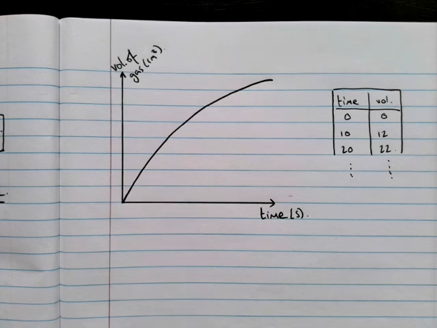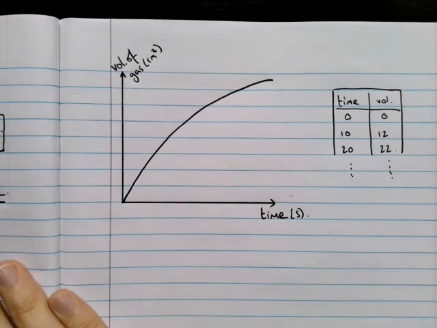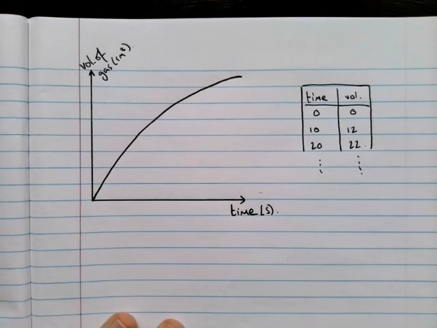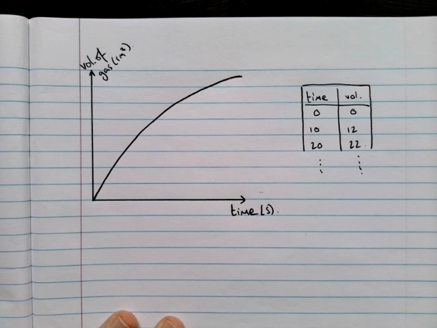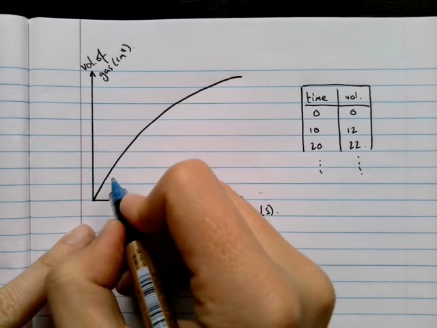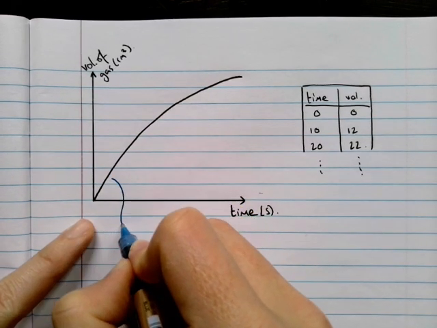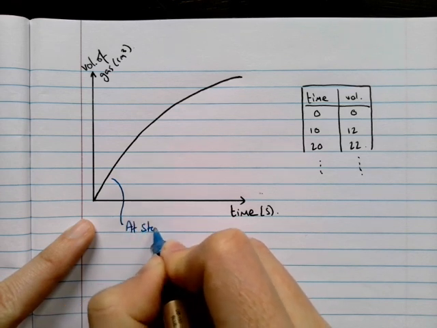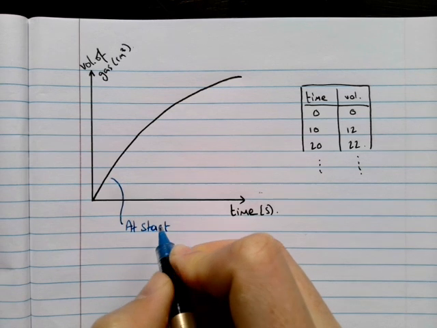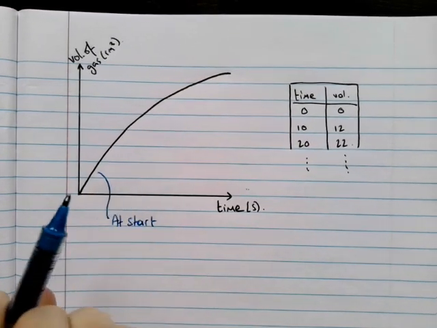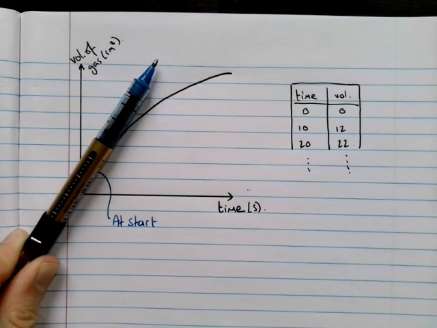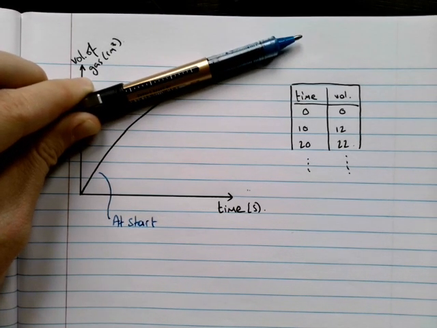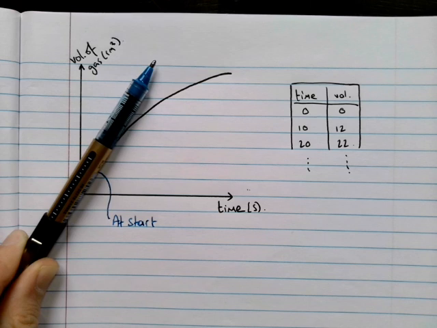So there are a few important things that you need to know about this kind of graph, and they are as follows. Here at the start, we have a steeper gradient. You can see that the gradient here is quite steep, and then here it's not so steep. That's what happens as the reaction goes on.